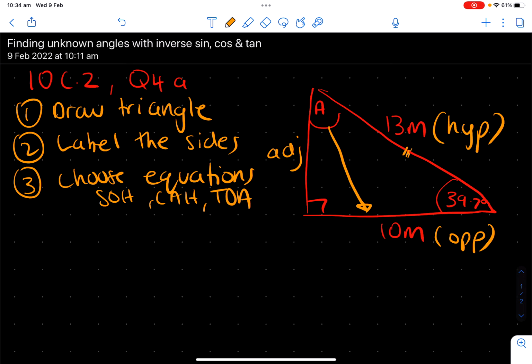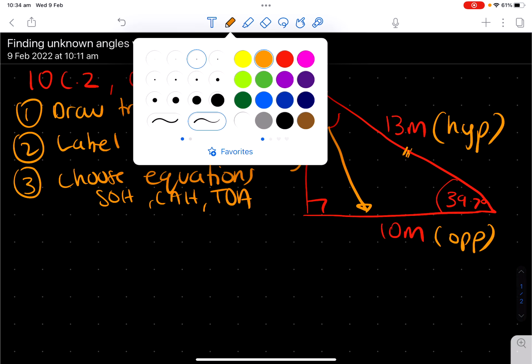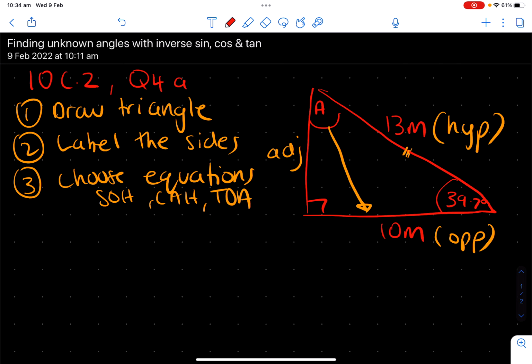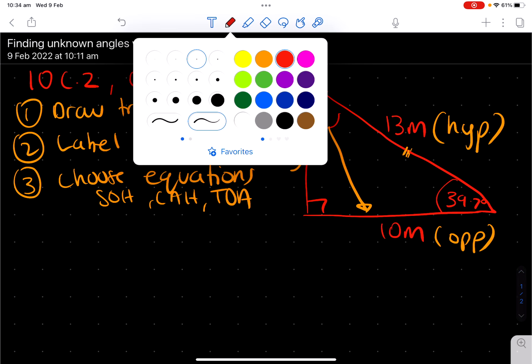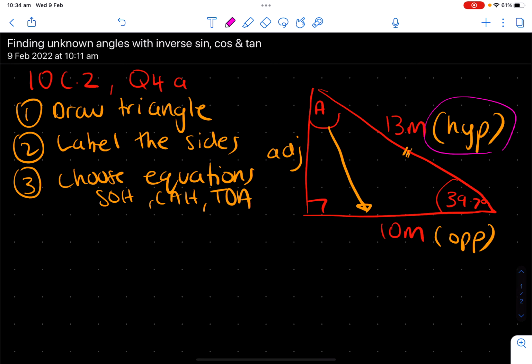So we need to work out which formula we are going to use. We're going to choose whichever one has our hypotenuse and our opposite side because we want to use our two knowns. You can only have one unknown, and in this case, the angle is our unknown. So we're going to be using sine, because sine is the one with our opposite and hypotenuse.